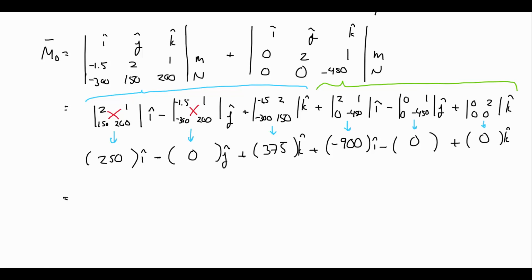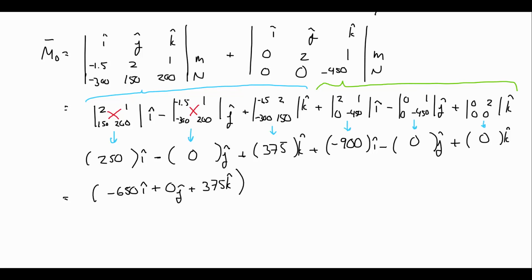We have here a positive 250i and a negative 900i, so we can group all of that together into a negative 650i. We have a 0j, I forgot the j over here, and another 0j, so we actually have no j in our final term. And our k's, we have a 375k and a 0k, which is just going to give us 375k.